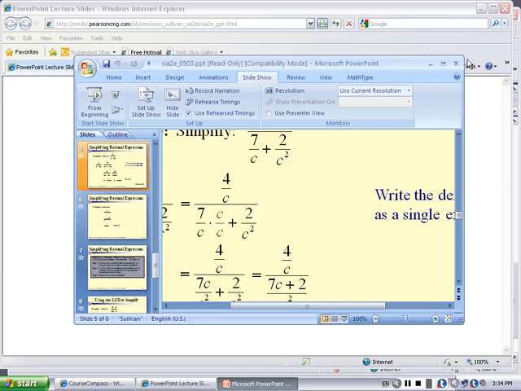B squared over B squared minus 25 minus B squared over B plus 5, they are in the numerator, over B over B squared minus 25 minus 1 over B minus 5. Wow. Very good.